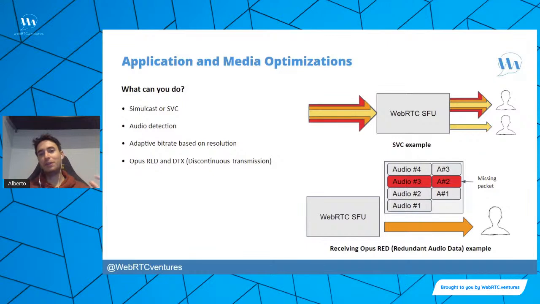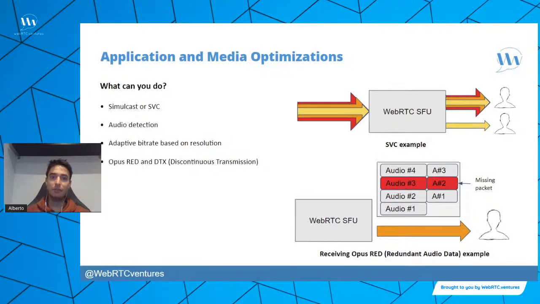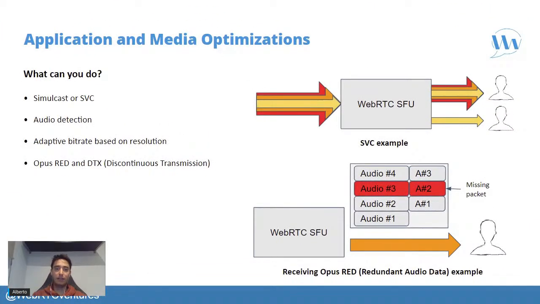And we talked about scalability, but there are also optimizations on the architecture side, on this backend. But there are other things that can be optimized more at the application level. And here I'm explaining a few. One is SVC, which is something that allows us to send different qualities of audio and video.